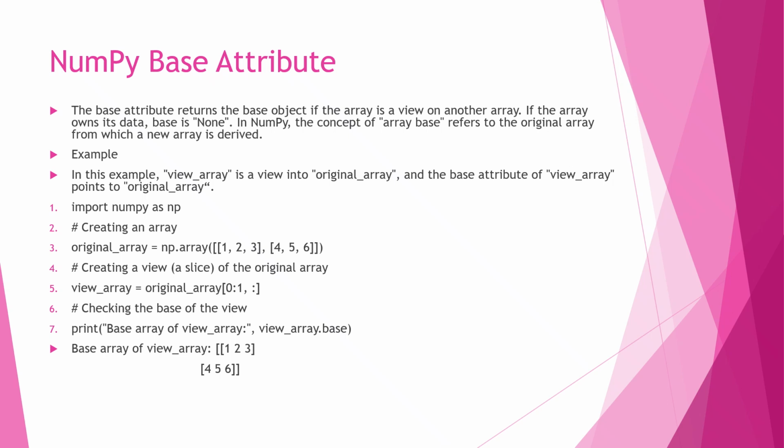In this example, we first created our original array of 2 cross 3 size, and then we are creating a view that is a slice of the original array, taking rows from 0 to 1 and all columns up to n.